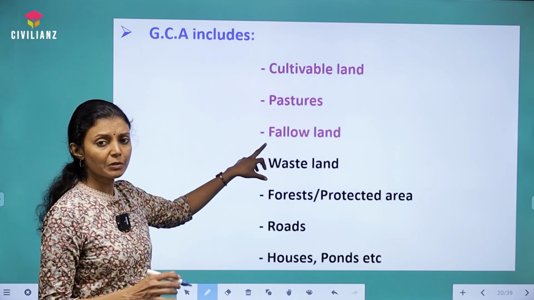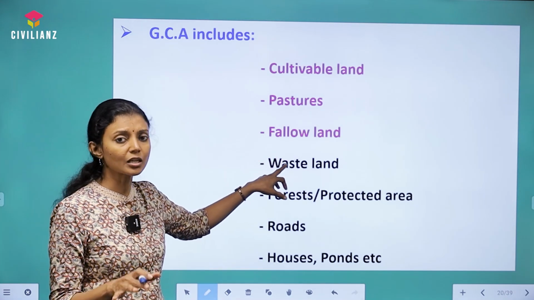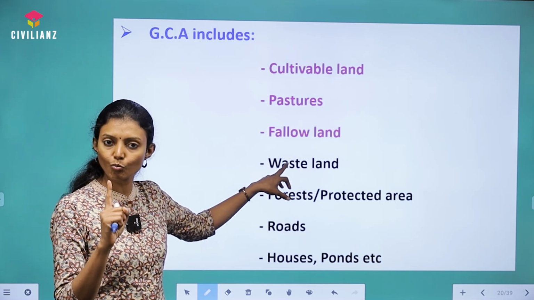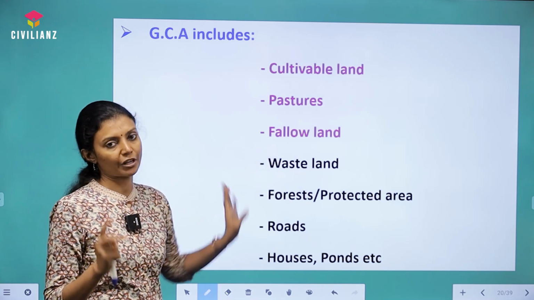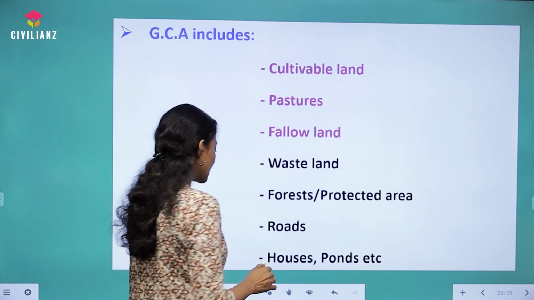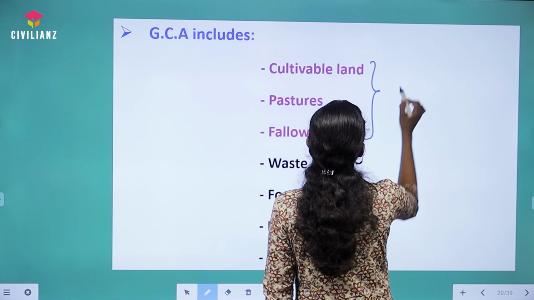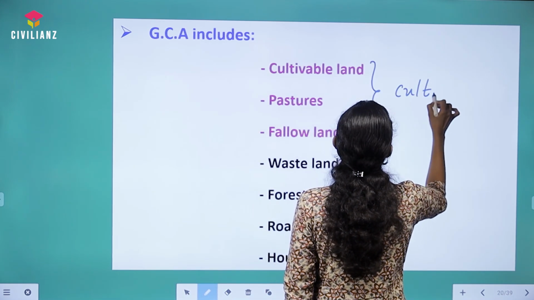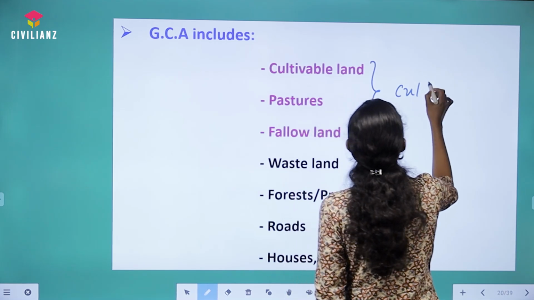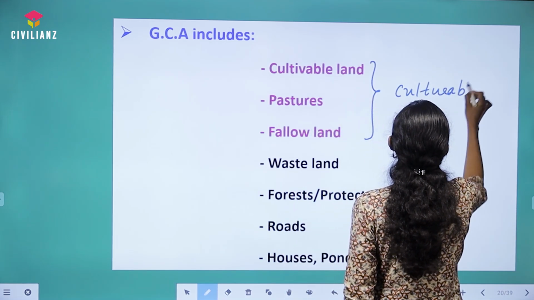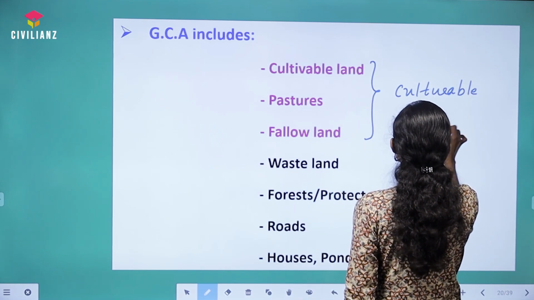So basically these three areas are fit for cultivation and you can call them cultivable or culturable areas. Clear?